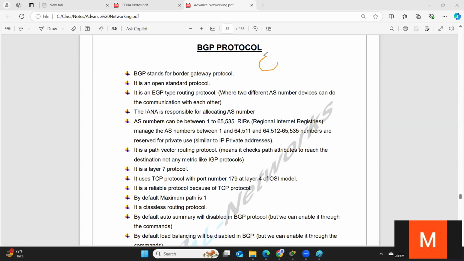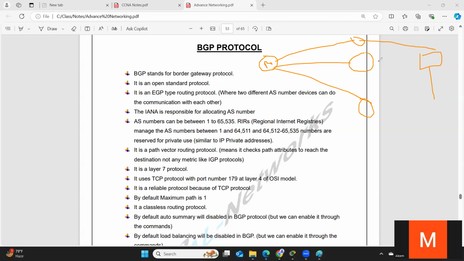From source to destination, we have different paths, first, second and third, and in between we are using BGP.